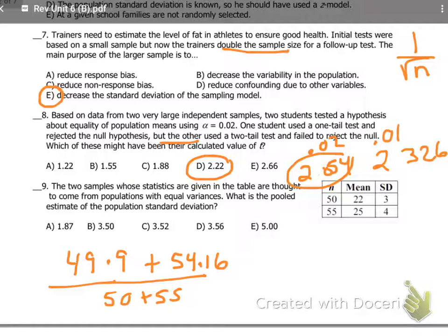Okay, let's do problem number 9. Then they're talking about pooling. So I had to go look this up. Let's go see, we'll have to go check to see if it's on our formula chart, okay?